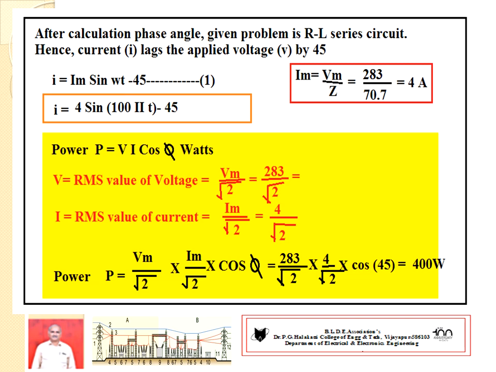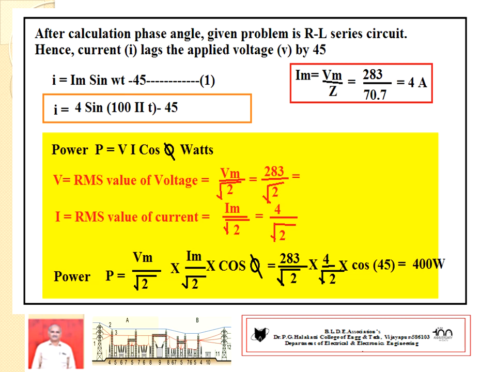Then you write the general expression of current in an RL series circuit. That is I equal to Im sin of omega t minus phi. Phi is 45 degrees, Im is 4, omega is 100 pi.